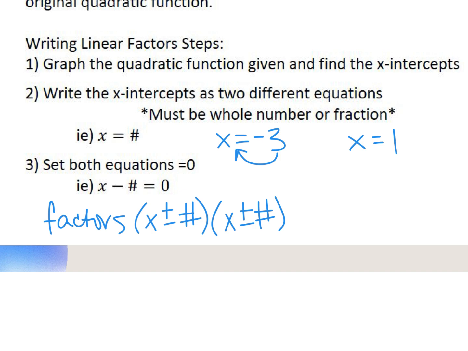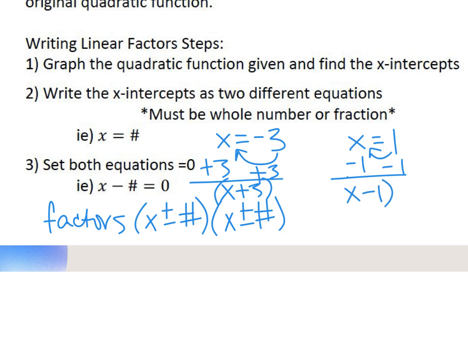How do I put my 3 on the same side as the x? I add it. I get x plus 3. Was that one of our factors? How do I move my 1 back over? I'm going to minus it. So you have to realize a couple of things. I want you to notice that when we do that, the signs of our roots change, right? Our factors are plus and minus, and when we got our roots, they were a minus and a plus.